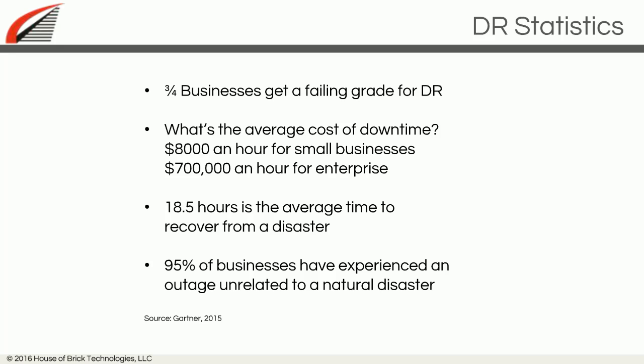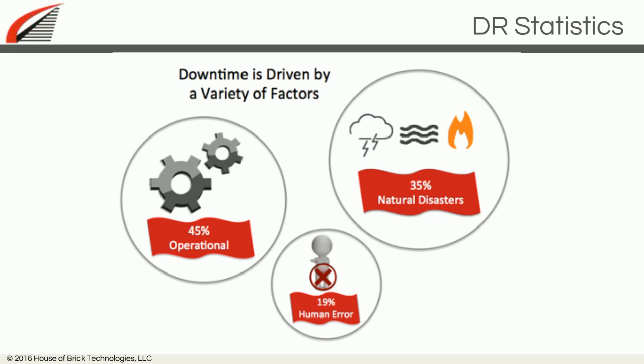So let's look at that more in this next slide. Chris and I spent a lot of time talking about this. This was interesting to us. So, downtime factors: 45% are operational. And as Chris and I discussed, operational to us is you've had a hardware outage. Maybe you lost connectivity at your primary site, or your SAN fails.